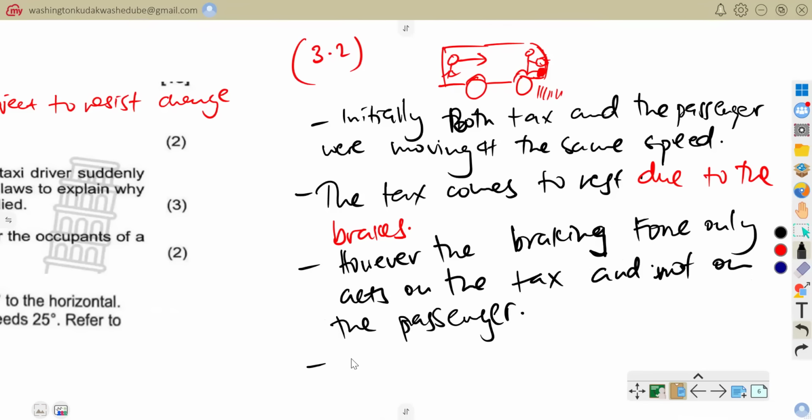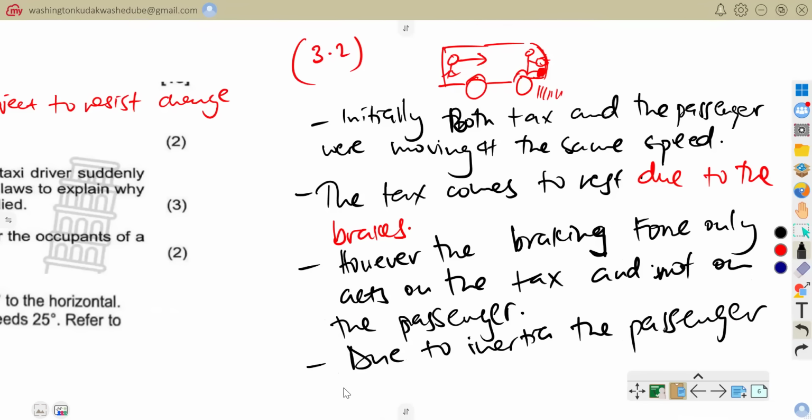So this is where we would say due to inertia, the passenger will therefore remain in motion.